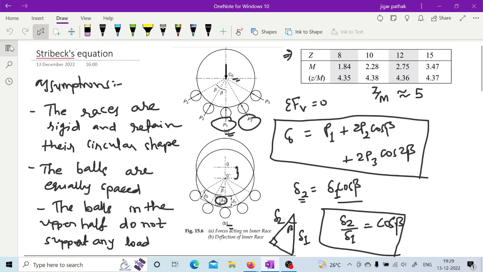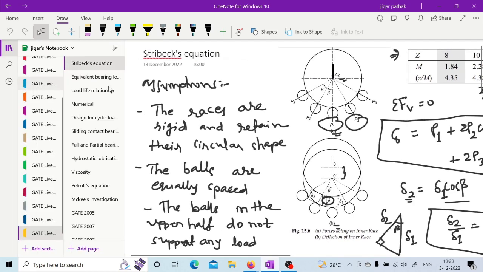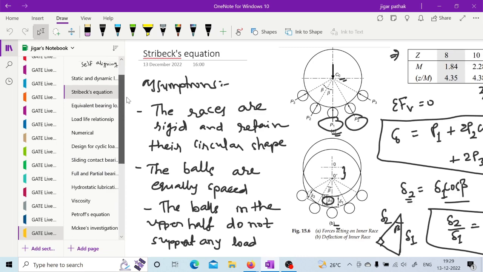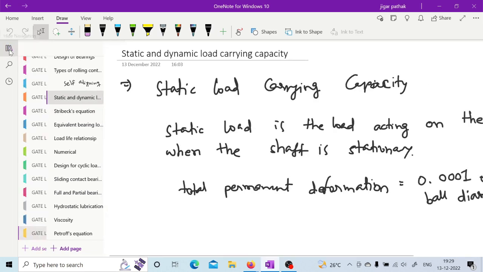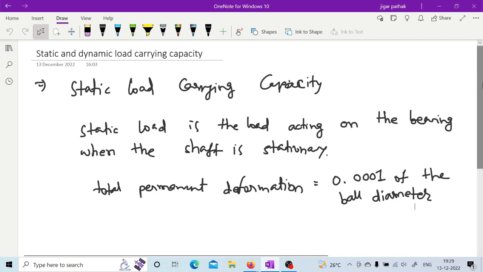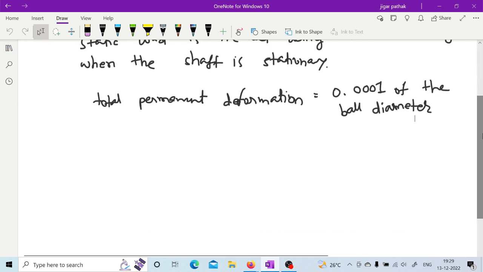Now we also had written here the dynamic load, along with the static load. So what is this dynamic load carrying capacity?